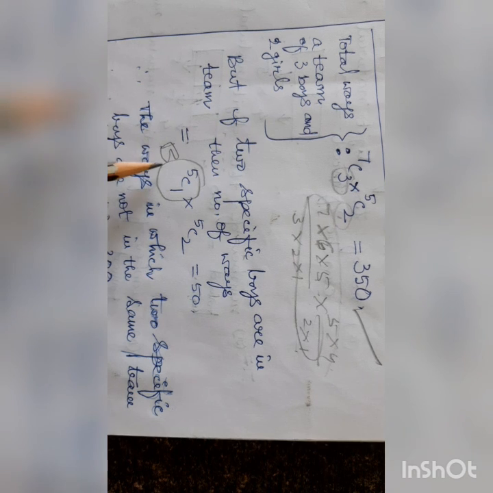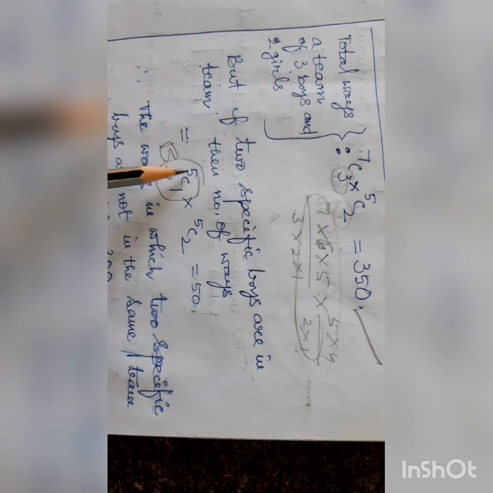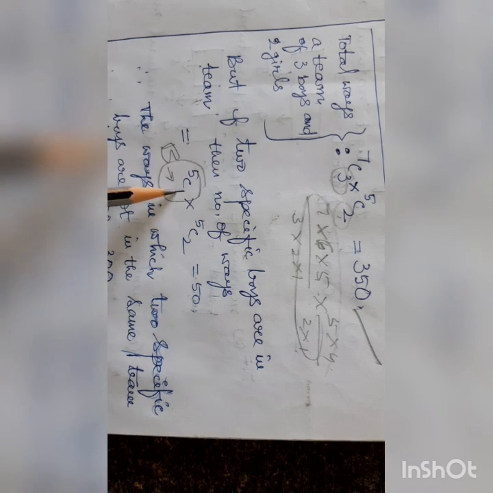7 boys are there, 2 specific boys are kept aside, so 5 boys are left. Out of 5 boys, 1 boy only we are selecting.